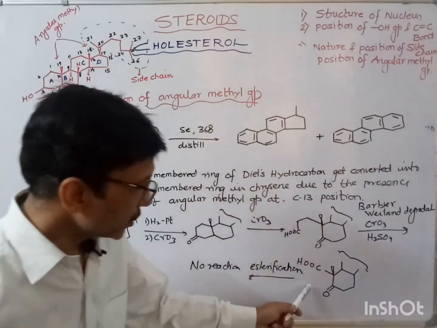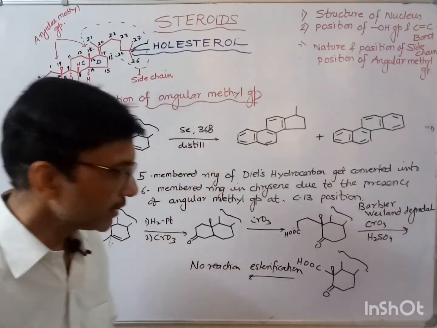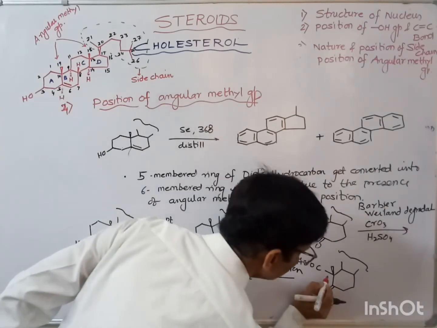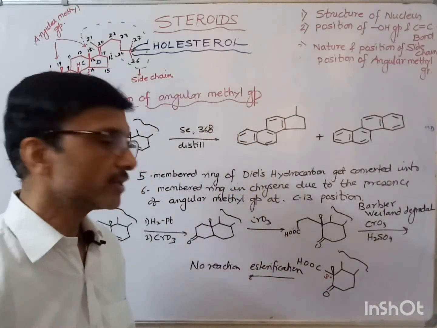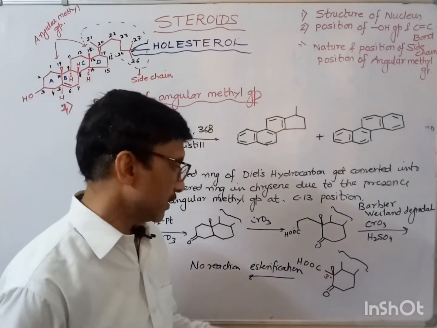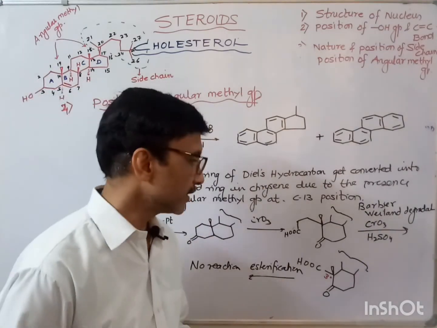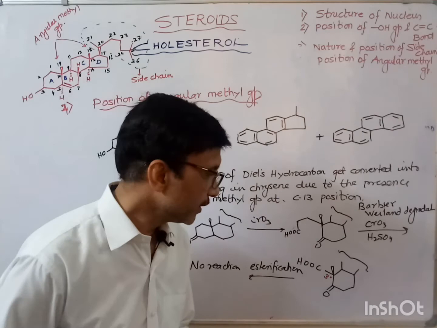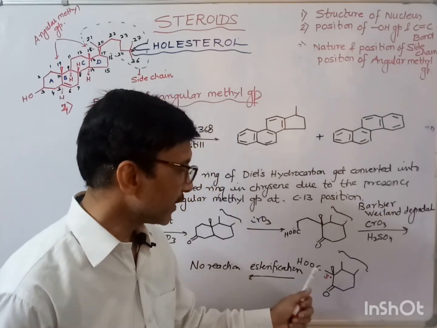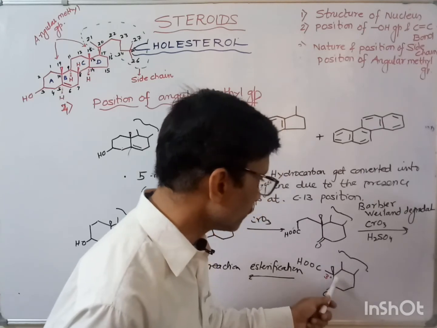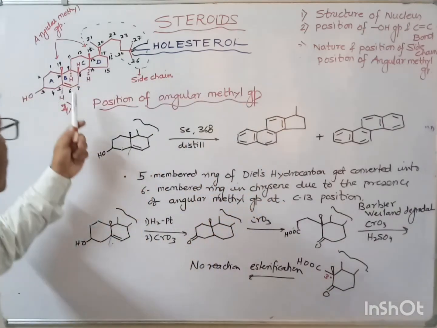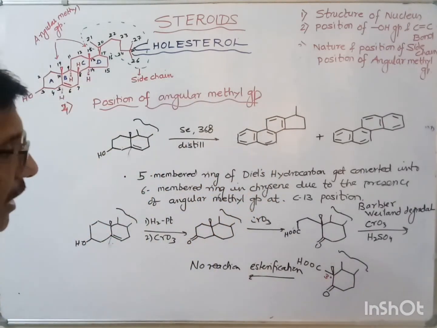Why? Because this COH group is present on a tertiary carbon, and the rate of esterification of a tertiary COH group is very low. So one of the methyl groups must be present on this C10 carbon.